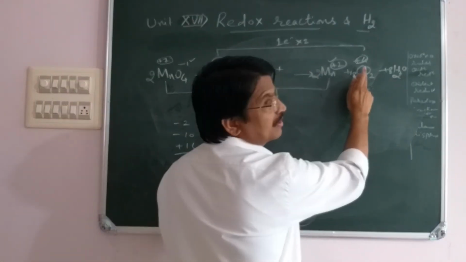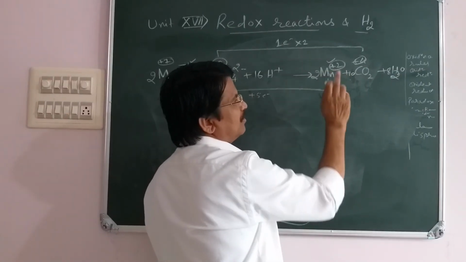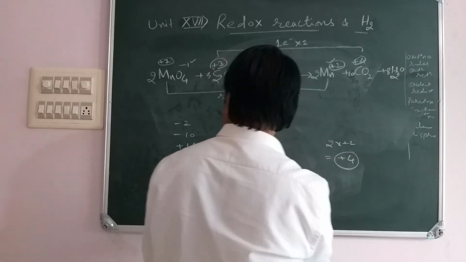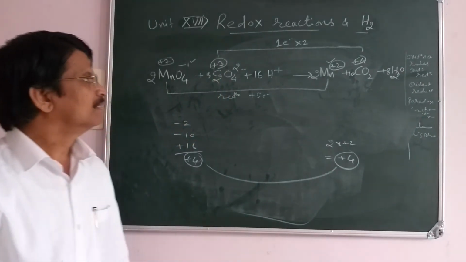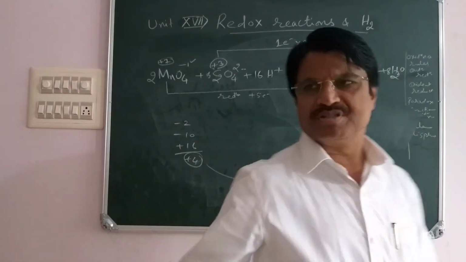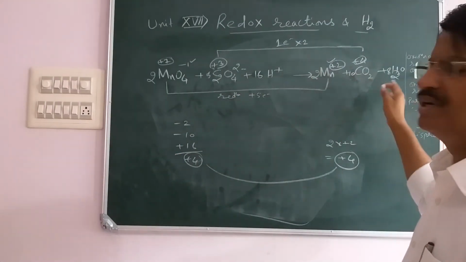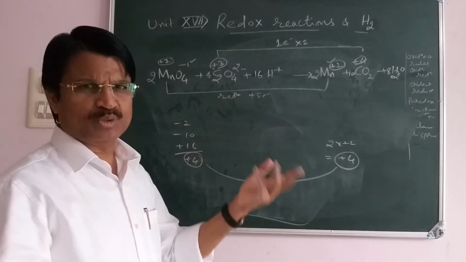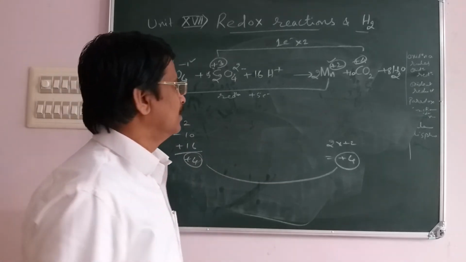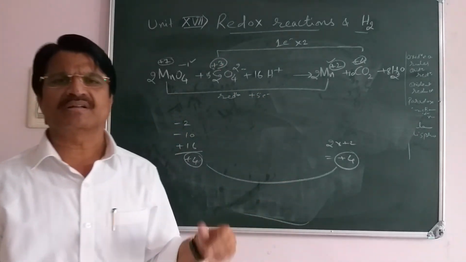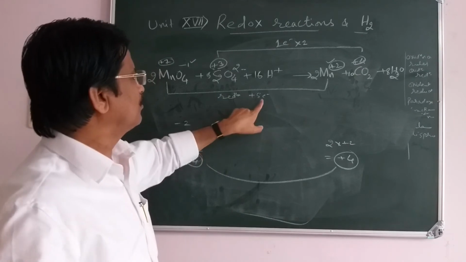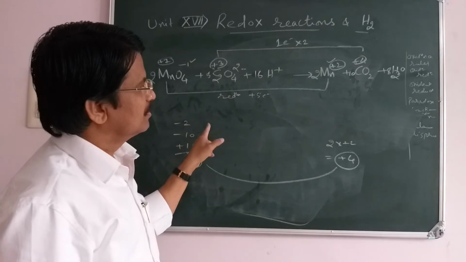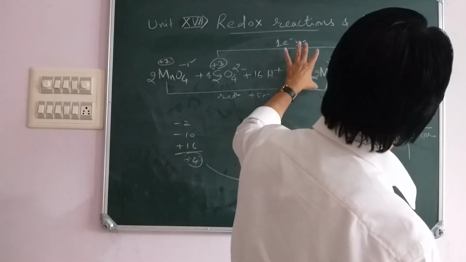RHS, don't consider this plus 4, only the charge on the metal ion: 2 into plus 2 equals plus 4. Means the method I told is correct, because charges are equal, number of atoms equal, everything is equal. Now you follow this method to solve different questions given in the question bank. It may be the oxidation number method or the ion electron method. If it is the ion electron method, it is mentioned there, electrons added, electrons removed, etc. So this is in case of balancing.